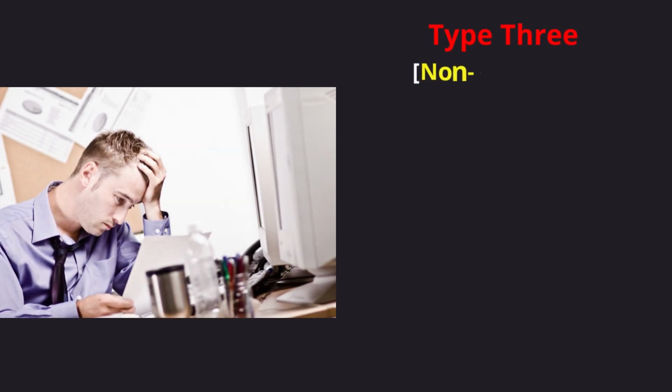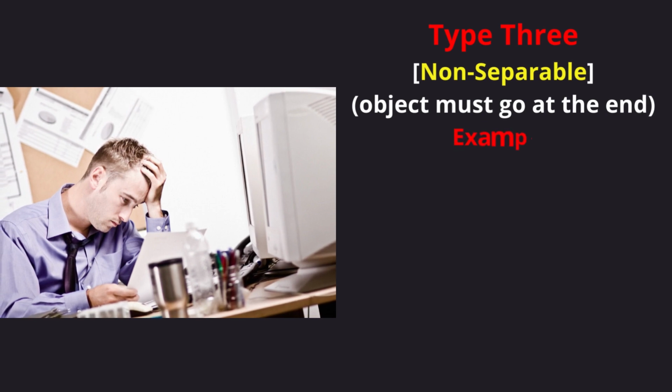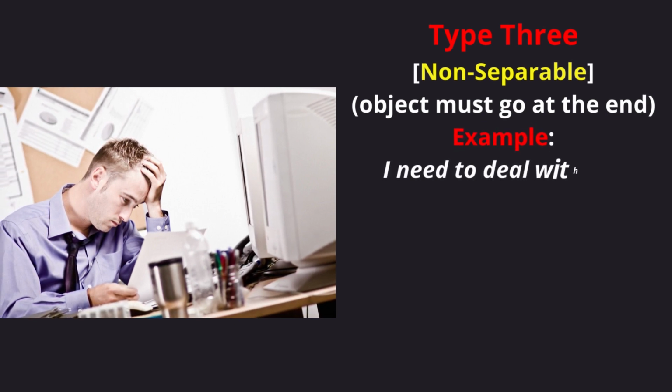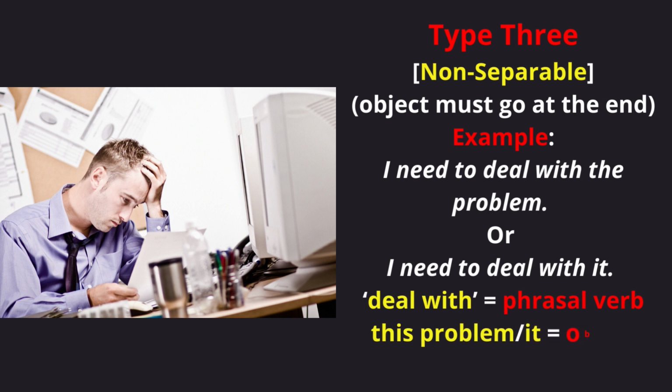For type 3 phrasal verb, it's not separable. It simply means that the object must go at the end of the phrasal verb. You cannot break them. Okay? So it doesn't matter if it has one or two particles, but in any case, the object must always go at the end. Here is an example. I need to deal with this problem.